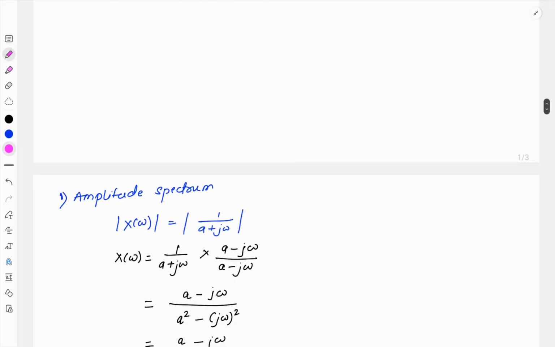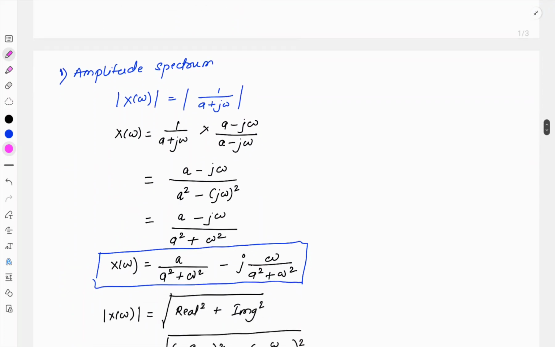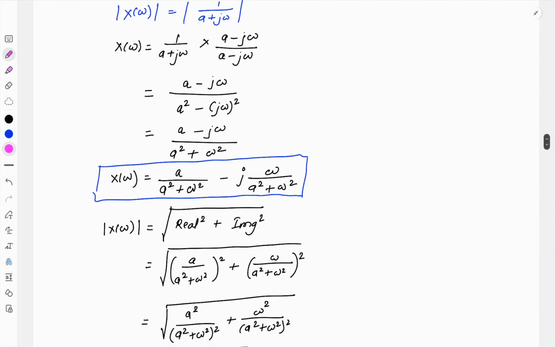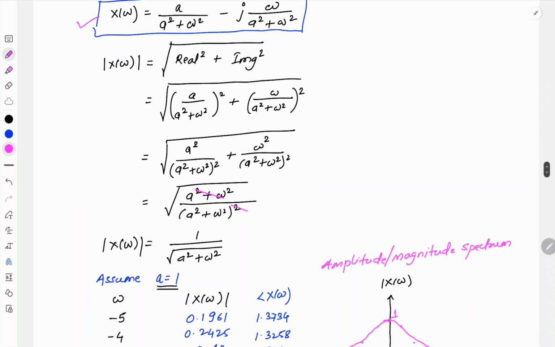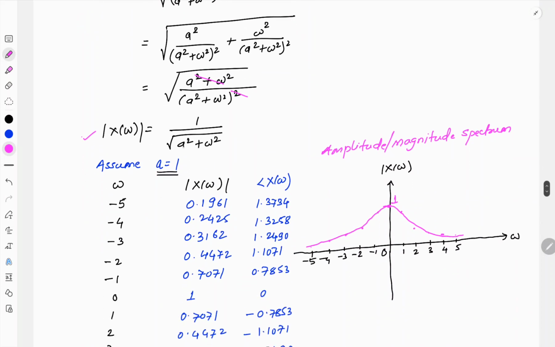Then we are supposed to plot the amplitude and phase spectrum. For the amplitude spectrum we need to find mod of x of omega. So we used rationalization to get real terms and imaginary terms separately. Then we obtained mod of x of omega, which was 1 upon root of a square plus omega square.